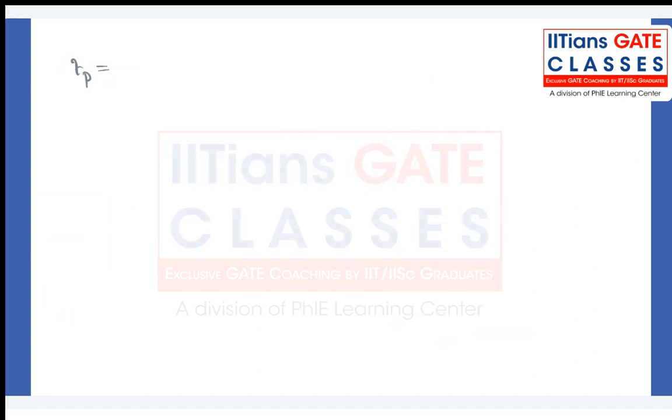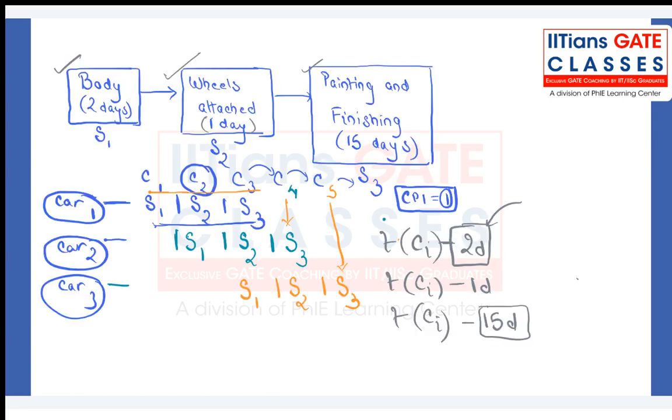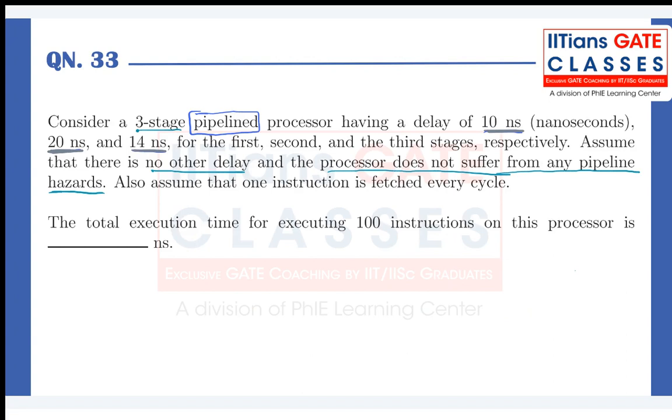So 20 nanoseconds is my cycle time, which means if I take 20 nanoseconds, I can guarantee that I can finish any stage. You can take more than 20 as well, but there's no point, because the maximum time taken by each stage is 20 nanoseconds. And then you have to find out, to execute 100 instructions, what is the total time taken in nanoseconds.